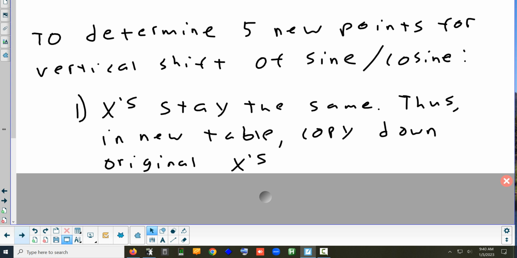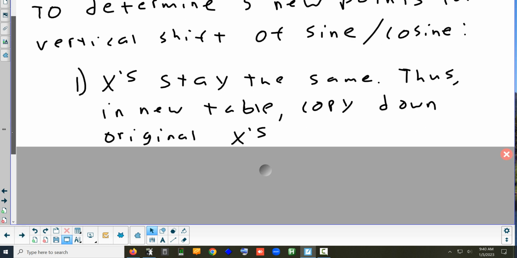So I can tell you the x values for every problem we do in this part of the section. 0, pi over 2, pi, 3 pi over 2, 2 pi. X's do not change. And the y's are changing, but those are easy because the original y's are just 1s, negative 1s, and 0s.